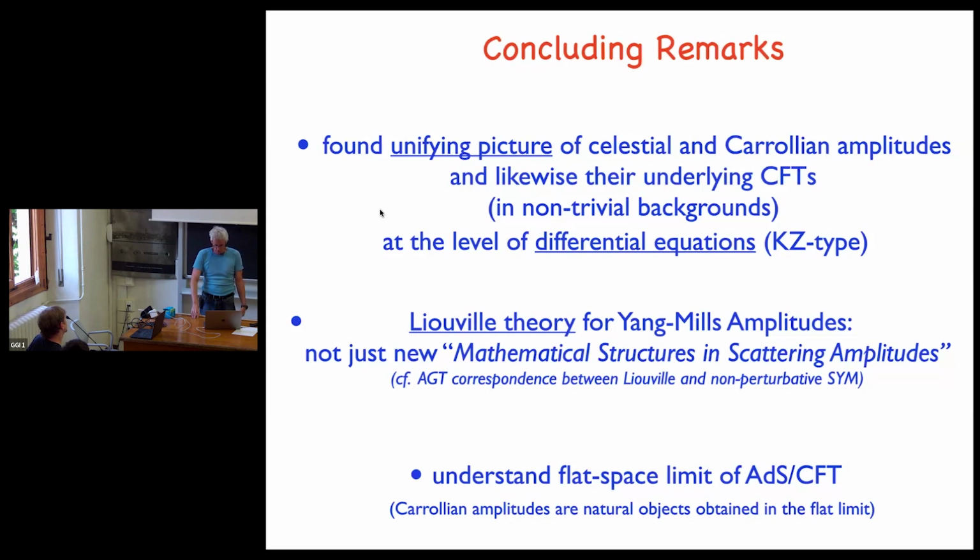The interesting part is whether you can go bottom up, with something completely radically new, like this Liouville theory for Yang-Mills amplitudes, do computations in 2-dimensional Liouville theory, and get some new results for your 4-dimensional theory.